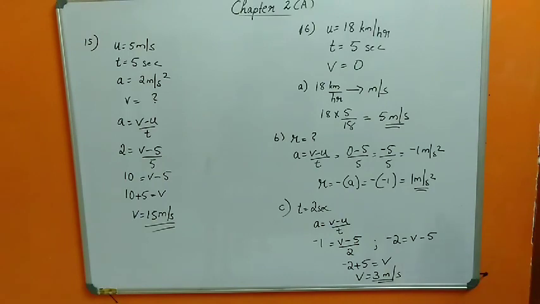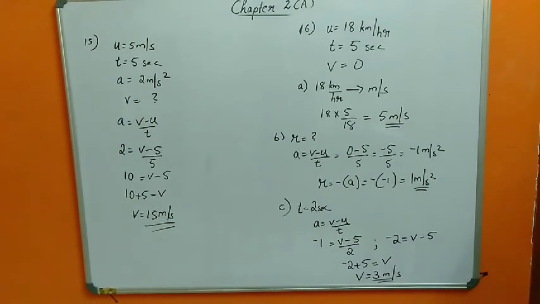Now our last numerical from chapter 2a, question number 16. A car is moving in a straight line with a speed of 18 km per hour. So the car is moving in a straight line, that is, initially it is moving with that speed.